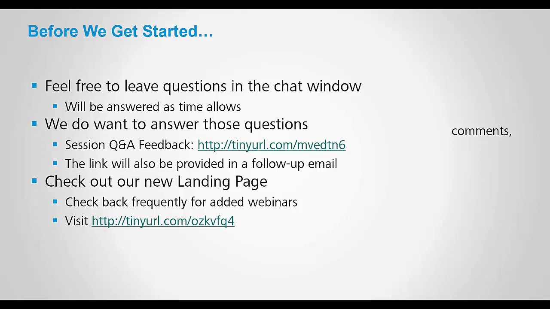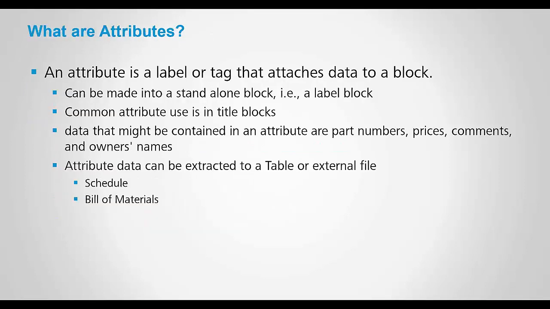All it is, is a non-graphical piece of text or a label that is attached to a block. It doesn't have to be attached to a block. I've made attributes that are nothing more than text labels that I can insert and change the value of the text in order for me to extract the data for those labels, perhaps.